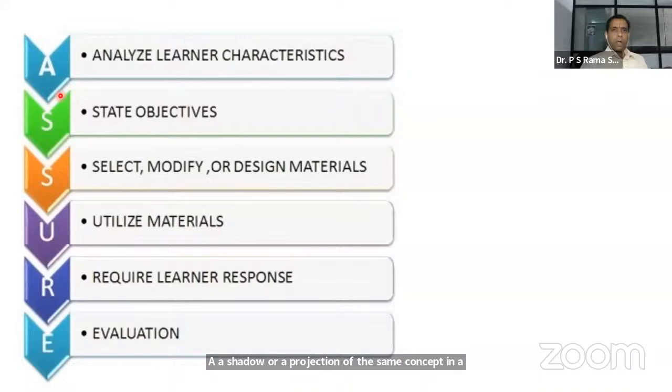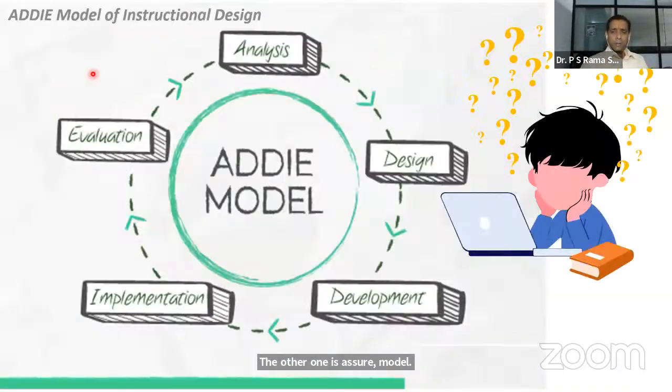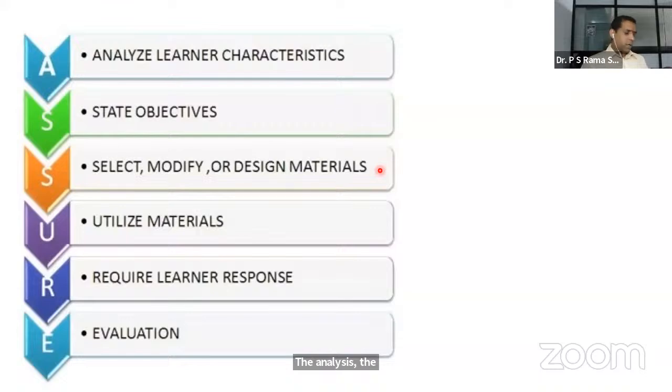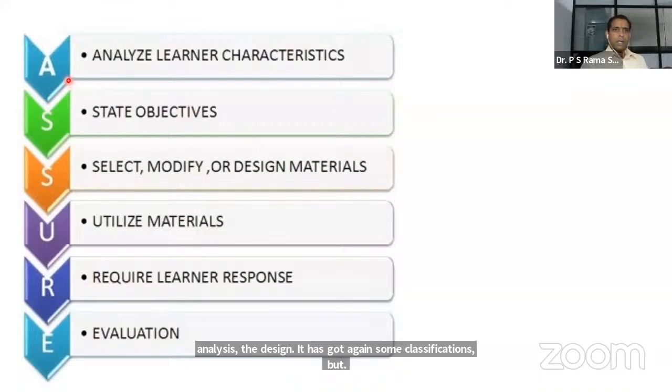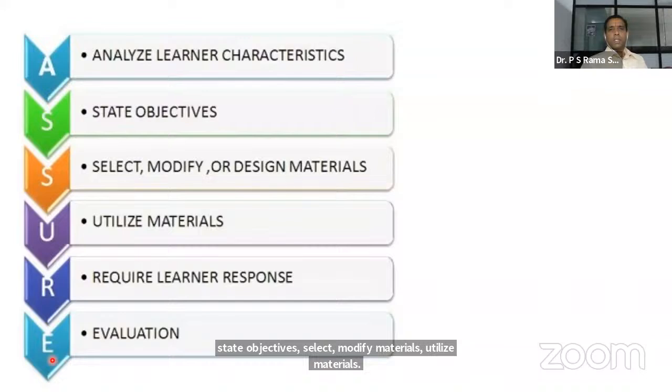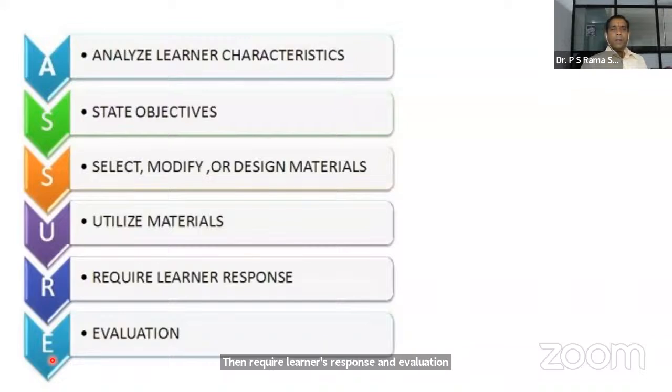The other one is Assure model. So I'm not going to the details of each of this. Again, if we go into the details of this, the analysis, the design, each has got again sub-classifications, right? So that is left to you to rummage the websites. Then Assure model is analyze learner characteristics, then state objectives, select, modify or design materials, utilize materials, then require learner's response and evaluation, right?